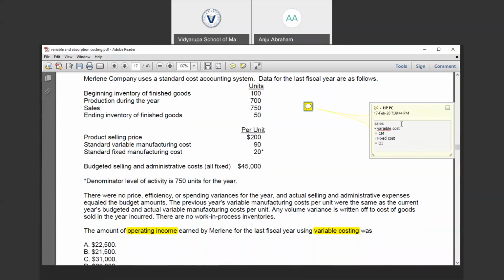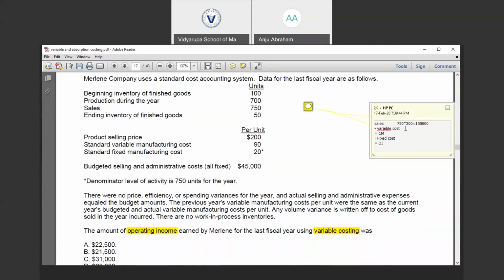So what is the sales amount? The sales is 750 units. So 750 into the product selling price, which is 200. So the total sales is equal to 150,000. And let's subtract variable cost. What are the variable costs?